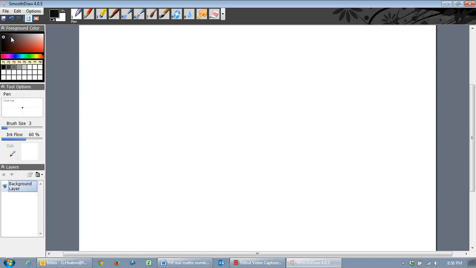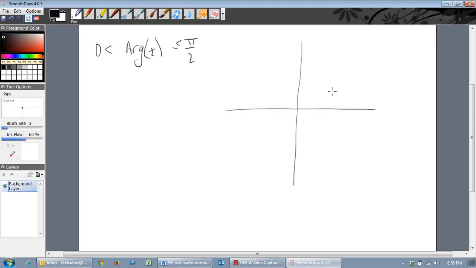Just another example of an argument might be something like, what does this look like? The argument of z is between 0 and pi on 2. So again, dodgy diagram. Pi on 2 is out here, 0 is here. It doesn't include 0, so it's not going to include this line here, but it is going to include this line.